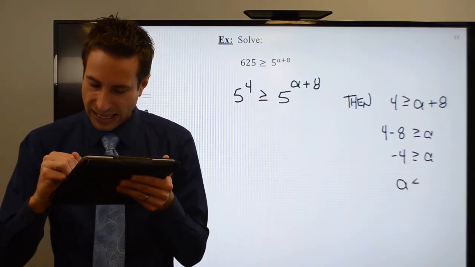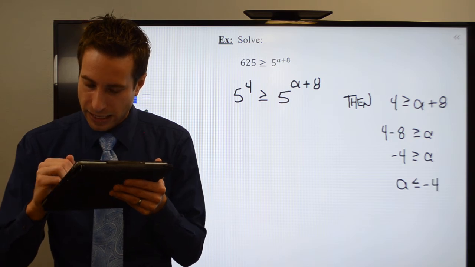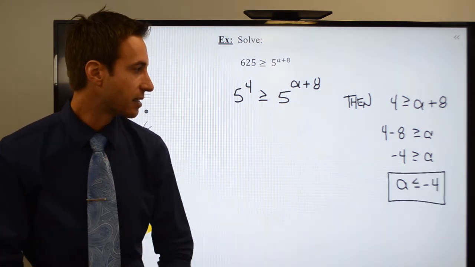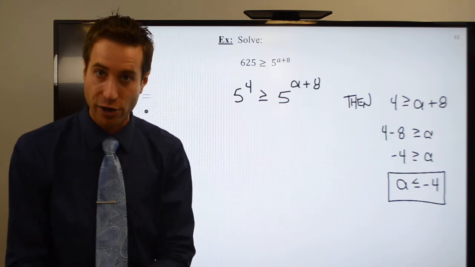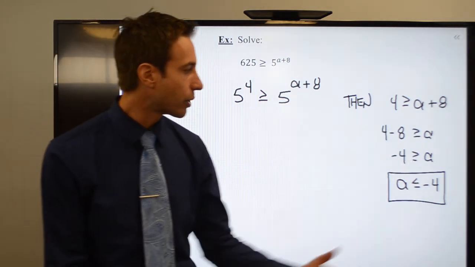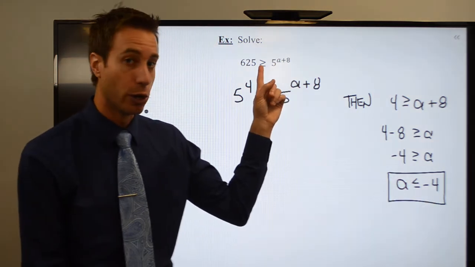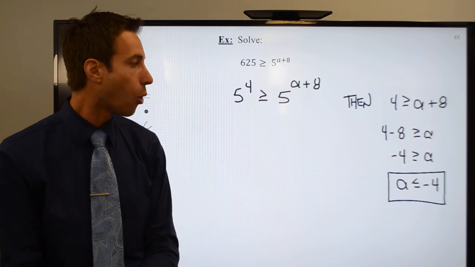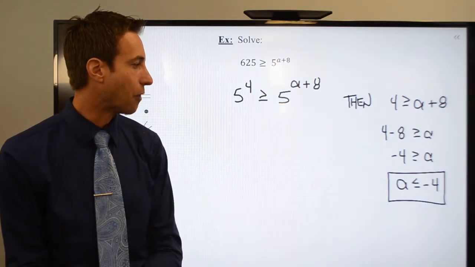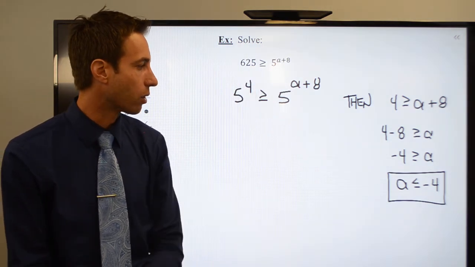So a is less than or equal to minus 4. Again, no need to flip the inequality because I never multiply or divide by a negative number. And so here's what I wind up with. This inequality will be true as long as a is a number less than or equal to a negative 4. And that'll keep this inequality true.